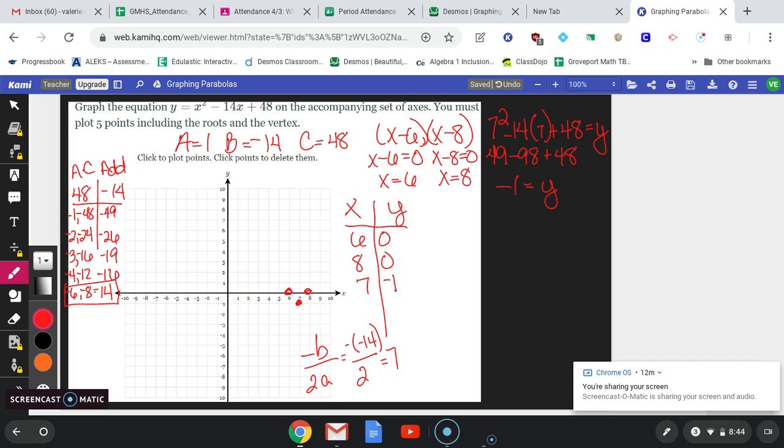So that's my vertex. I'm just going to go to a point to the right and a point to the left. So I'm going to plug in 9 and 5. Let's do the big one first. 9 squared minus 14 times 9 plus 48.